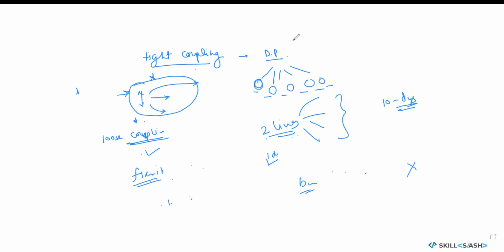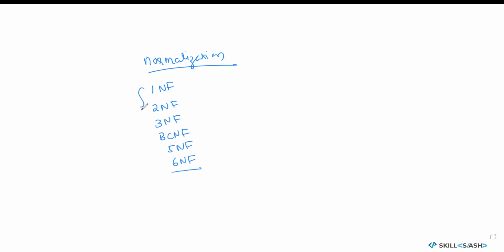Another example, if I take, probably in colleges we might have studied normalization. If you remember the 1NF, 2NF, 3NF, then BCNF, 5NF, 6NF, I think till that normalization can be done on SQL.